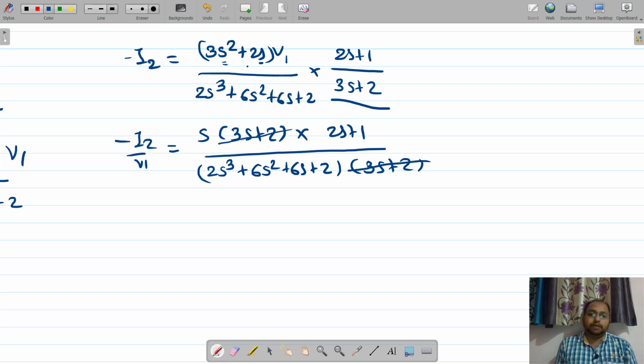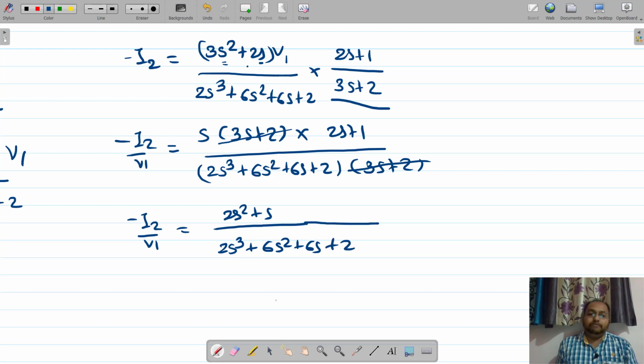I2 by V1 is equal to (2s square plus s) divided by (2s cube plus 6s square plus 6s plus 2).